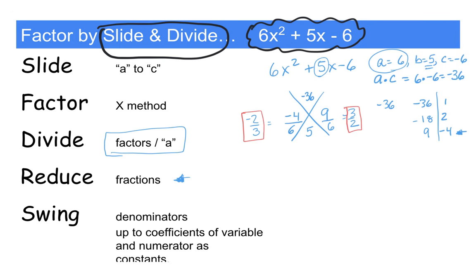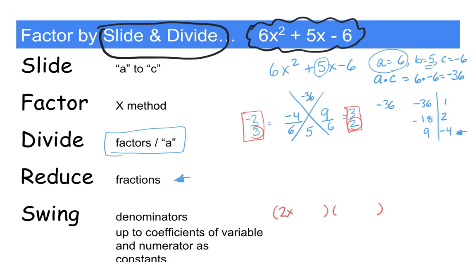So far, so good. Okay, so my next step is going to be to write the actual factors for this trinomial, and we can do that in a mashup method. The way we do that is we're going to make our two sets of parentheses, and we are going to take the denominator up to the coefficient of the variable. So one of the denominators is a 2, so one of the coefficients of x is going to be 2.